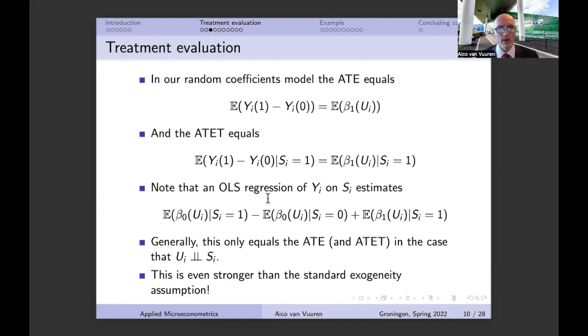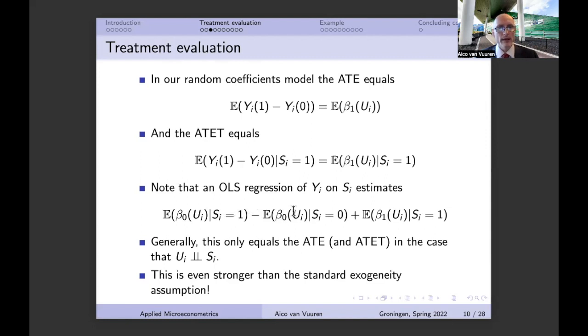If these two terms are exactly identical to each other, then of course they're going to cancel, and we immediately see that what ordinary least squares tries to estimate is exactly this last term, which is the average treatment effect among the treated. However, the question arises, in which cases are these two things equal to each other?